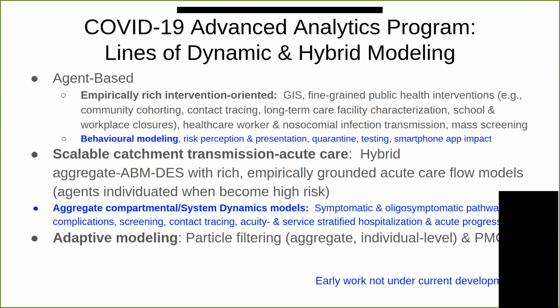And at the hybrid level, with the acute care representations that we can capture, for example, in that last model type, which are quite detailed, while still keeping a model that's nimble enough for constantly regrounding.